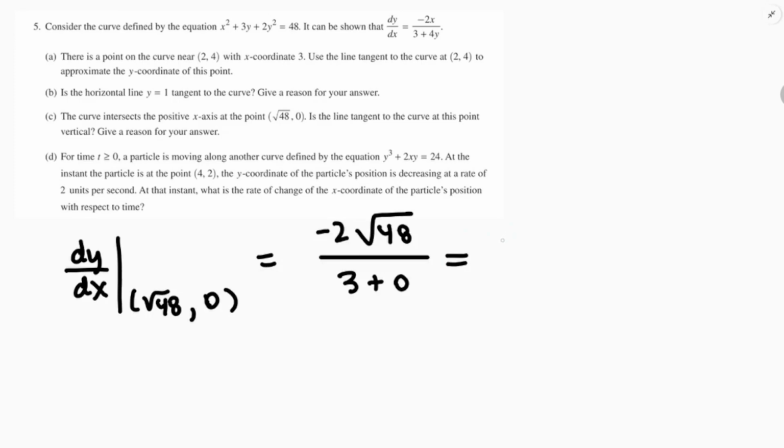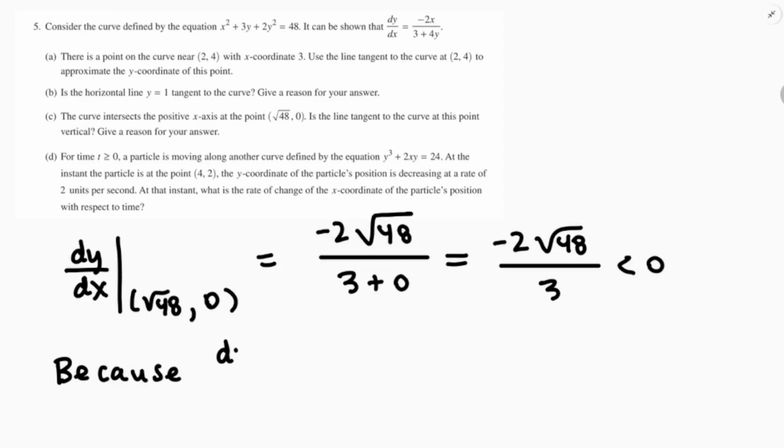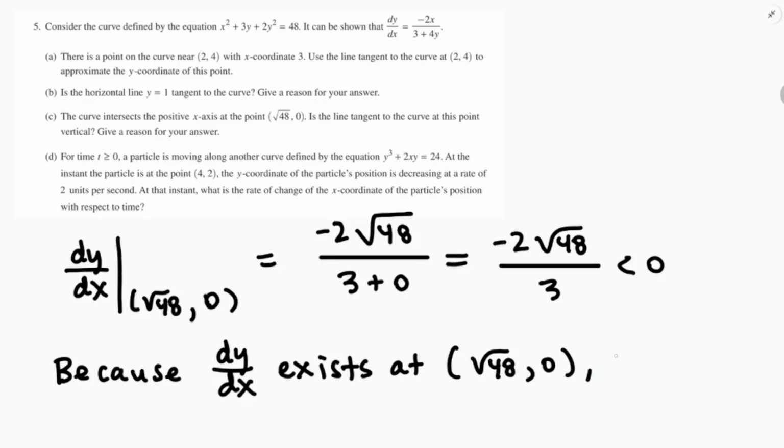I don't need to simplify it, though it could definitely be simplified because 48 has a factor of 16 in it. And I would say because this value exists at the point (square root of 48, 0), the tangent line cannot be vertical.